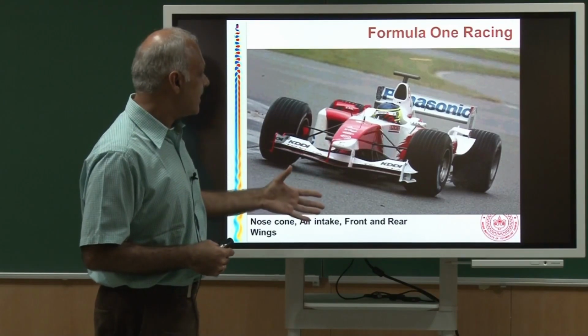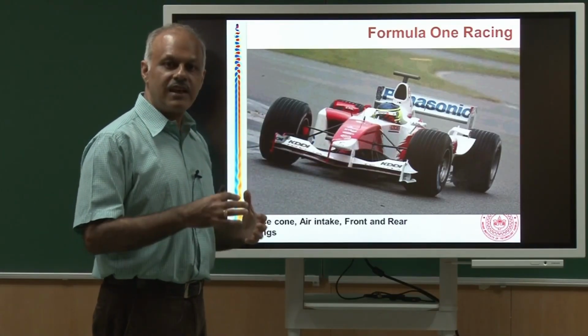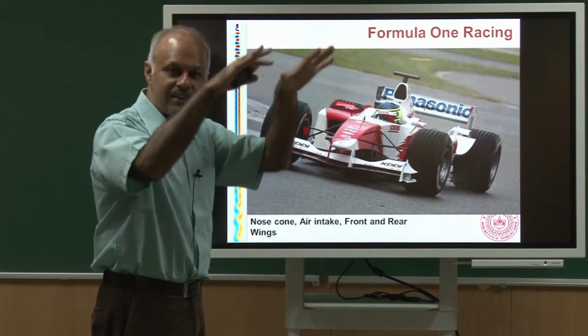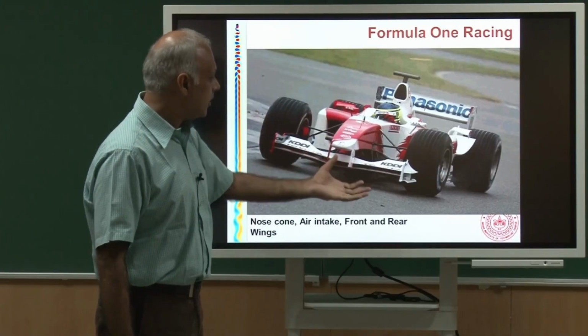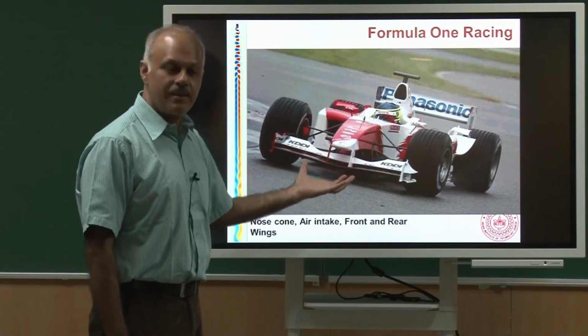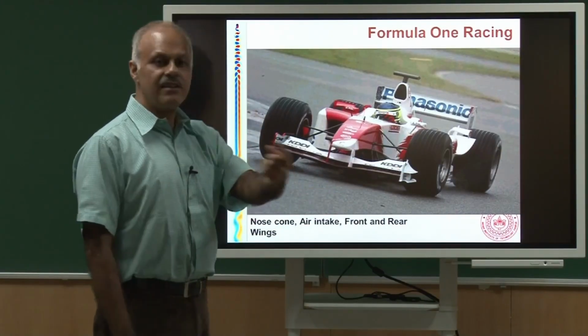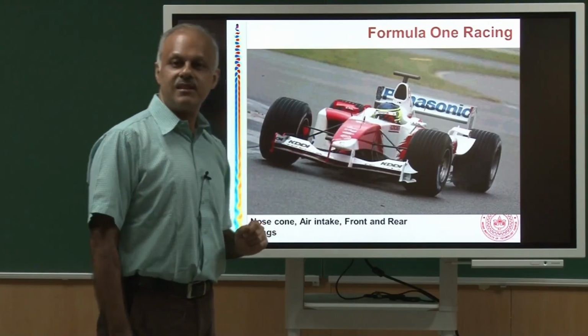So the designer puts wings which are like reverse wings. In an aircraft the lift is upwards, in a car the lift is downward. So I have more downward lift, the car feels heavy, I have more friction, and therefore I can turn at much larger speeds than I would without these reverse wings.